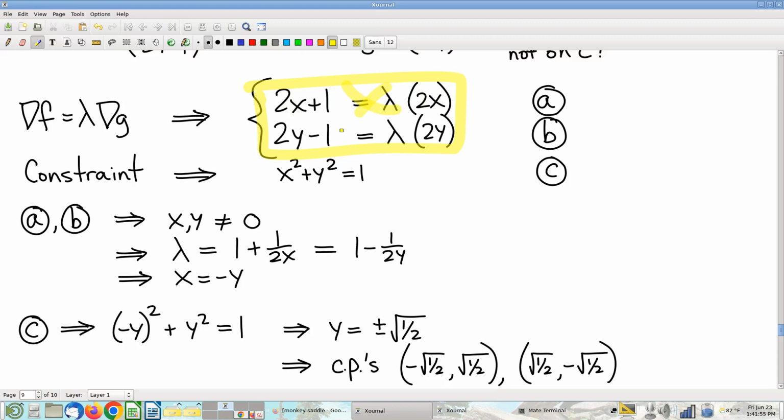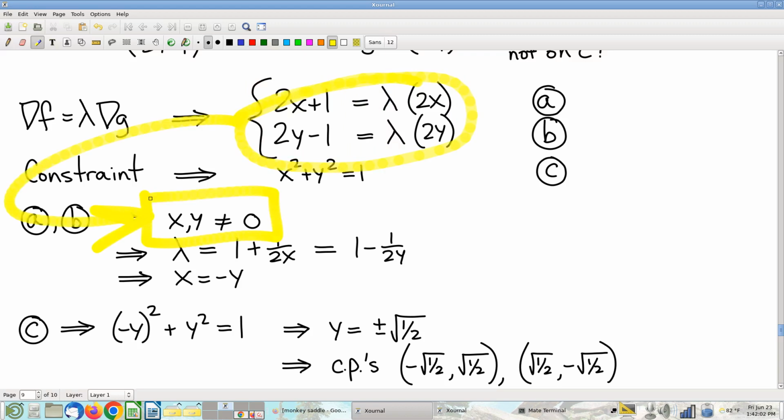You can easily see that these equations immediately tell you that x and y are non-zero. You gotta say it, right? You gotta write it down. Keep in mind it's not about the answer, it's about the argument. It's about the reasoning. And so you gotta give me that little bit of reasoning. Is everybody happy with that? Easy to oops on that, of course.